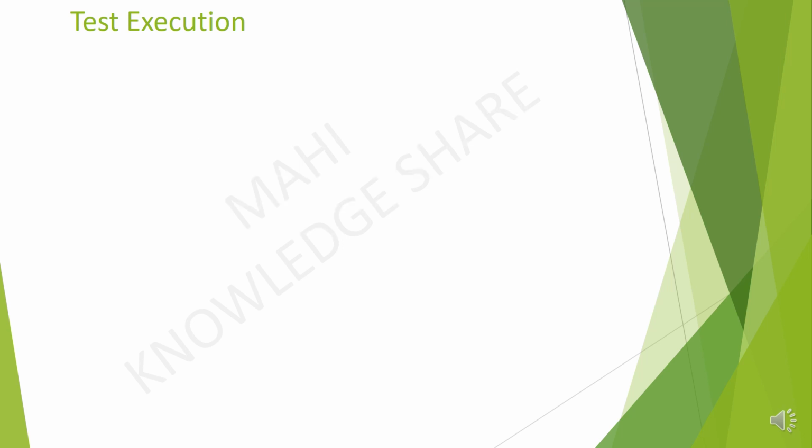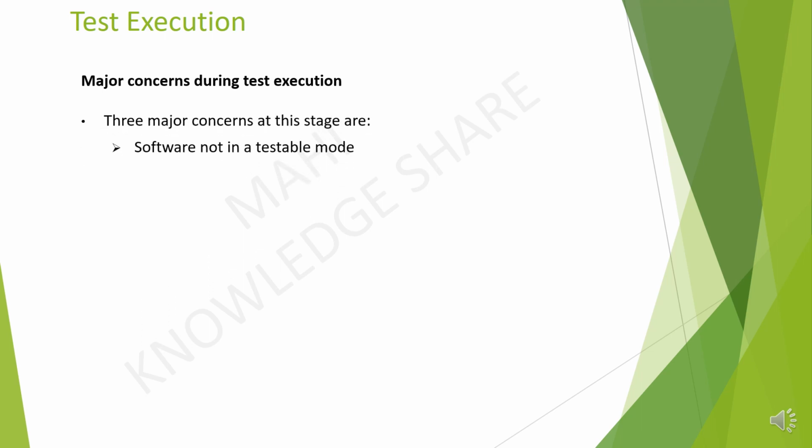Major concerns raised during test execution. There are three types of major concerns. The first one is software not in a testable mode. That is, software not correctly installed or necessary functions are not installed before testing starts.